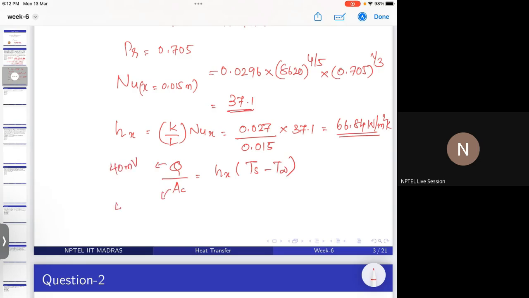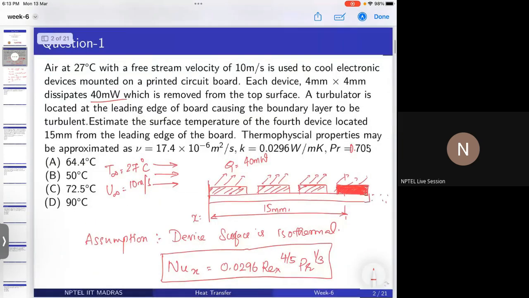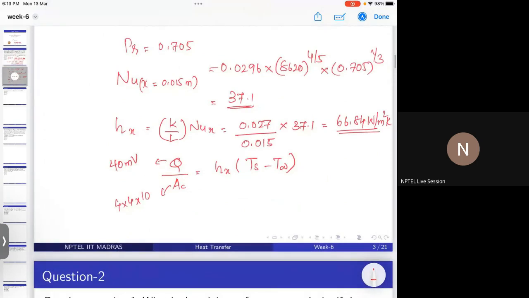Area is known, that is 4 mm into 4 mm, into 10 raised to minus 6. Hx we already know, this is 66.84. T infinity we know, it's 27 degrees Celsius. So what is Ts?